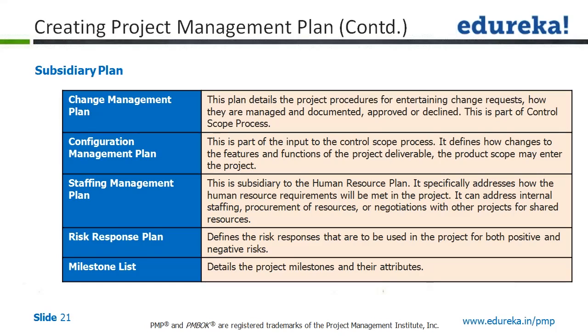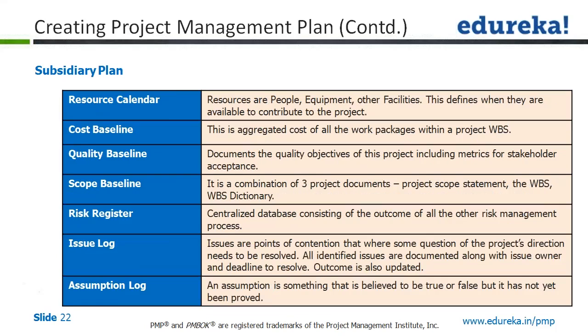So this is all that is being taken up as an input from the perspective of the develop project management plan. Risk response plan is very clearly a strategy to deal with the various risks which are identified.